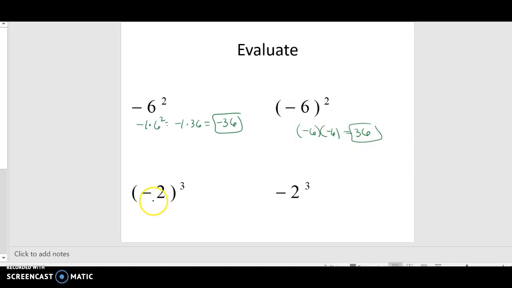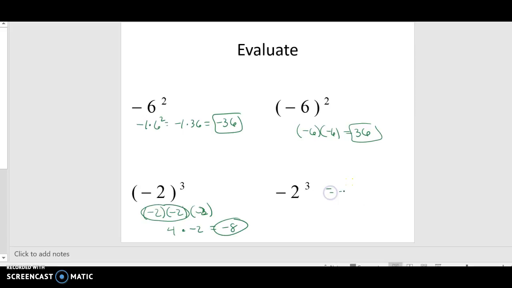Down here, since it's negative 2 to the third, we're going to write this out because the negative 2 is in parentheses. Negative 2 times negative 2 is 4, and 4 times negative 2 is negative 8. So you can get a negative here.